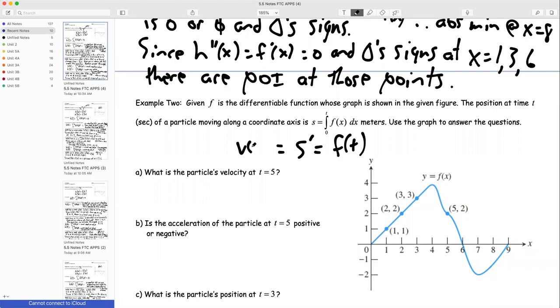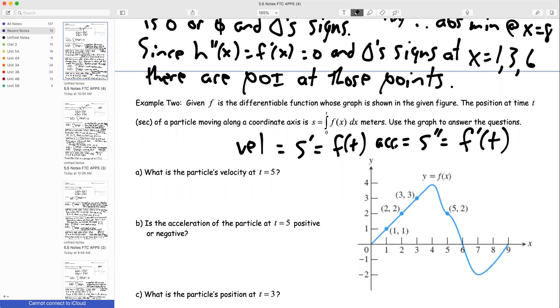So this is the velocity. And it stands to reason, therefore, that s double prime is going to be f prime of t, and that s double prime is the acceleration.